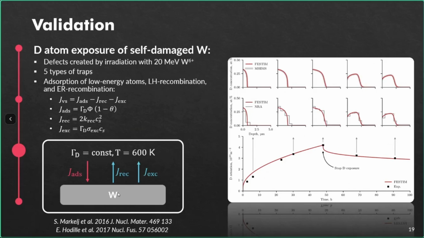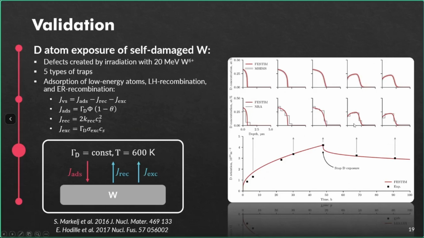The important feature is that the tungsten samples were pre-damaged with highly energetic tungsten ions, and therefore in the simulations we used 5 different traps and considered 3 different surface processes, namely adsorption of atoms, desorption of molecules, and the second mechanism of desorption that corresponds to Eley-Rideal type, when one incoming atom recombines with one adsorbed atom.